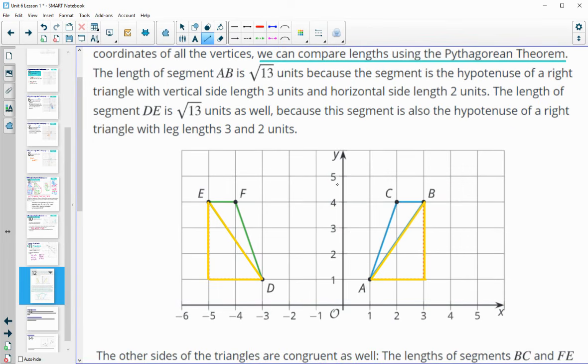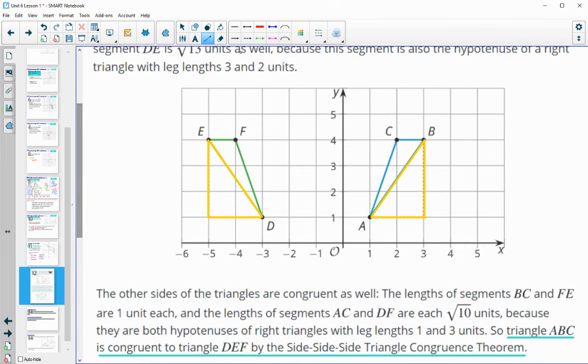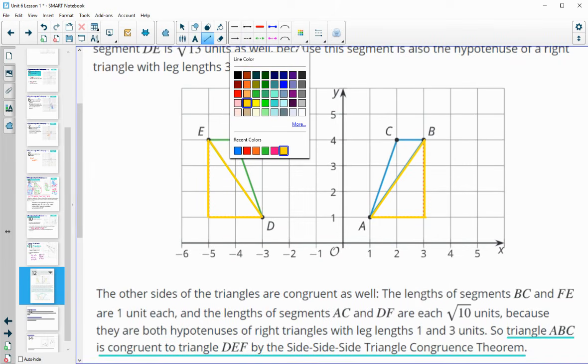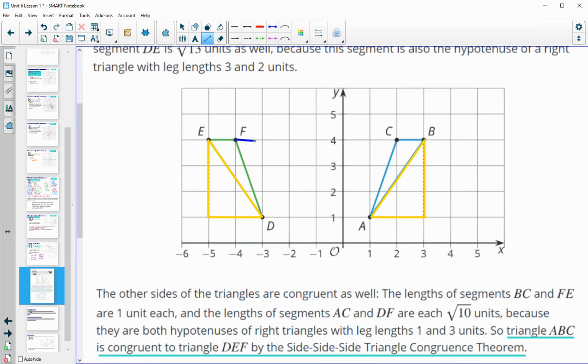You know the length of EF is just 1 unit. And then you could repeat your strategy again for FD by doing a horizontal and a vertical line that create FD as the hypotenuse, and similar over here for AC, a horizontal and a vertical that gets you AC as the hypotenuse, doing the Pythagorean theorem for each of those.